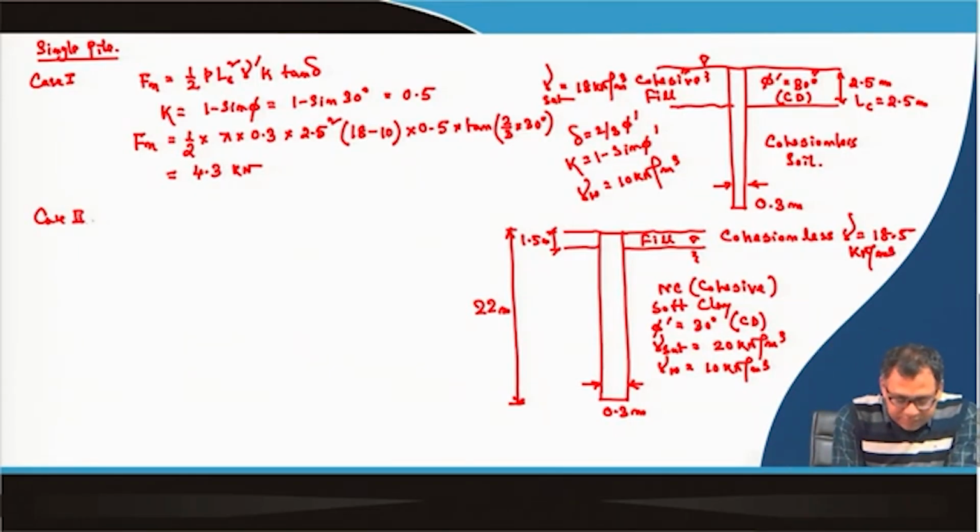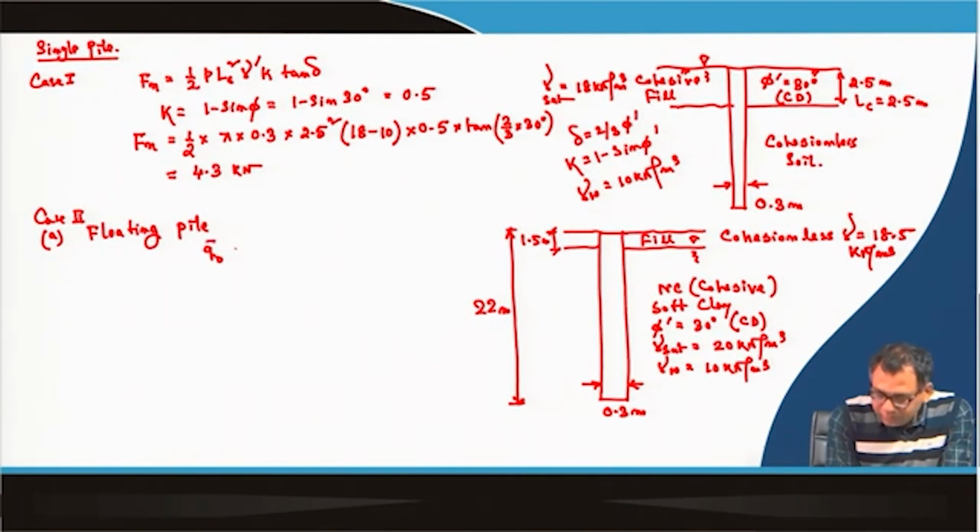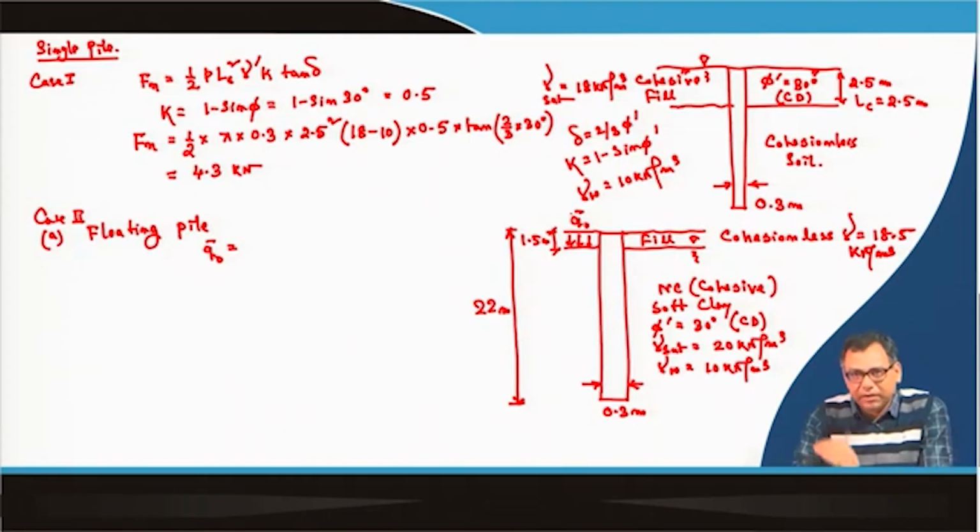So, first case, that is floating pile, okay. So, we know that here Q 0 value, which will act as a surcharge here. So, that is Q 0 bar, but here the water table is below the base of the fill.